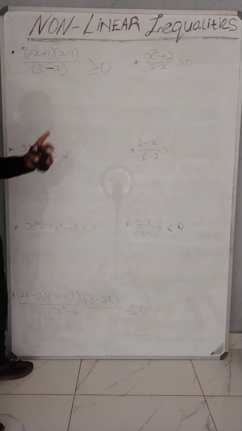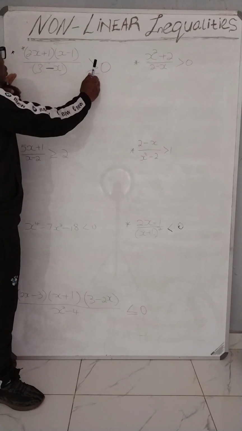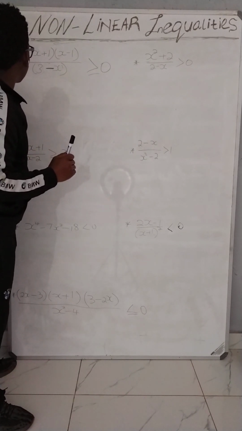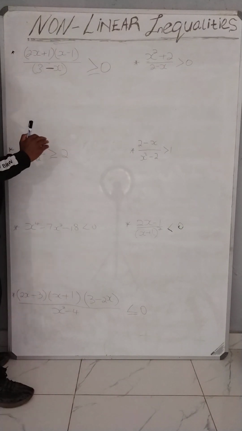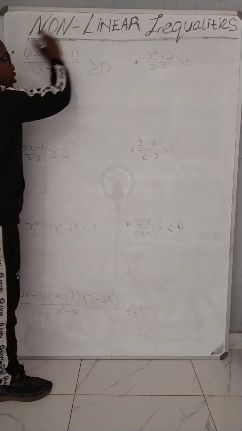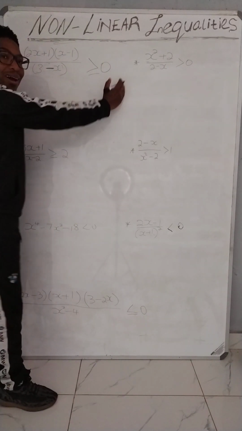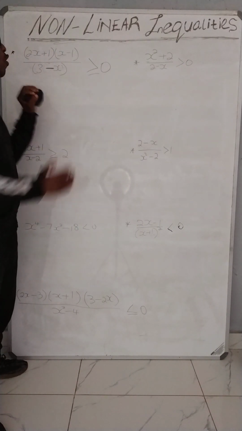Now, how do we go about solving this nonlinear inequality that is presented to us? Like I mentioned in the previous video, the first step is you put your expression in standard form. That is, the 0 must be on the right and the entire expression on the left, or vice versa.